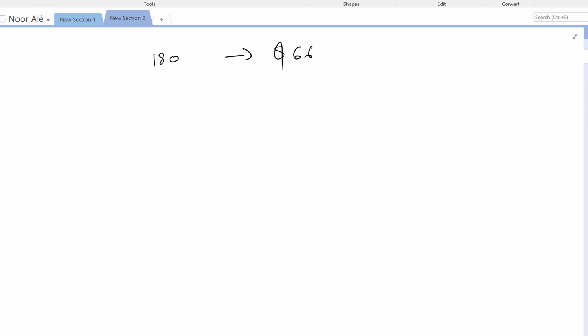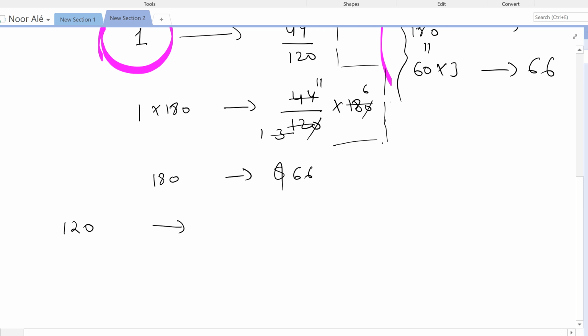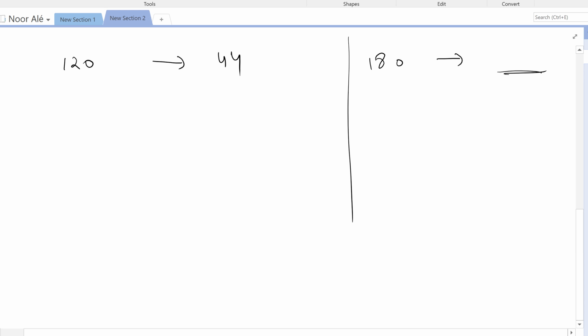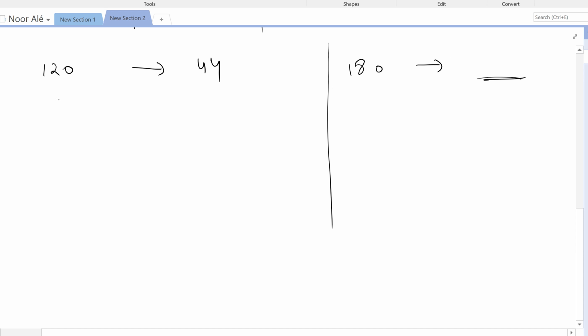So we have 120 objects, and the price is $44, right? And we have to find the price for 180. So you have to establish a relation between these two numbers. This is given, and that's what you have to find. The relation you already told me is 60.